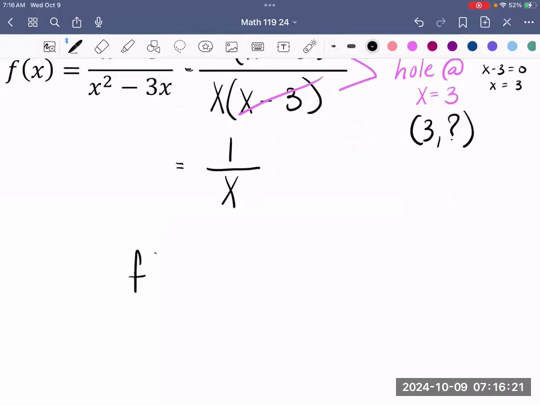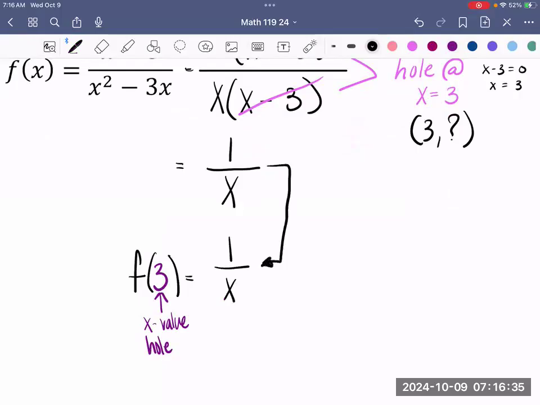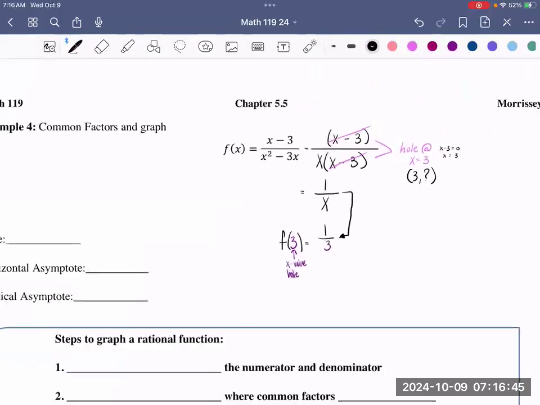So you can say f of 3, where your hole is, and we're going to plug it into 1 over x, your simplified form. So your hole here should be at 3 1/3.